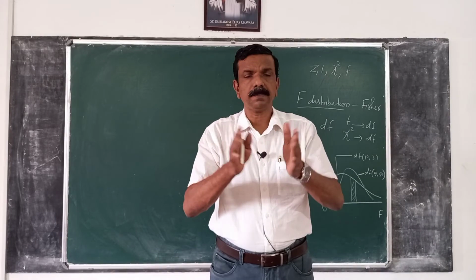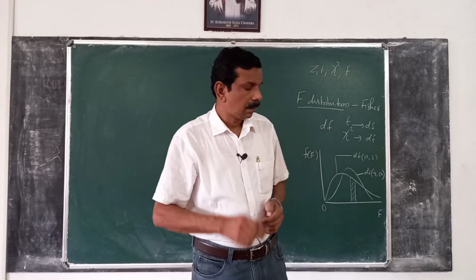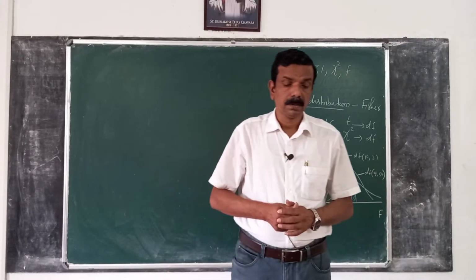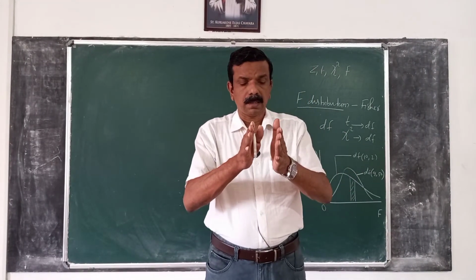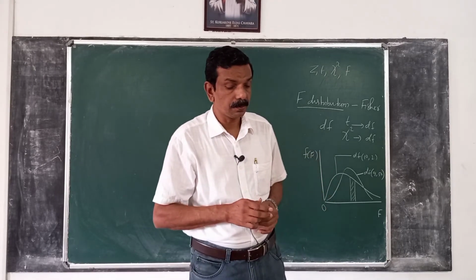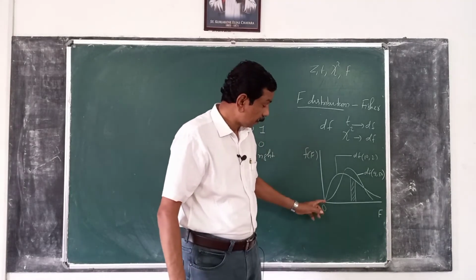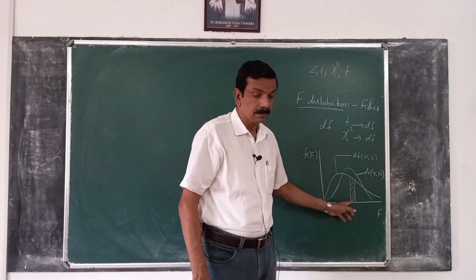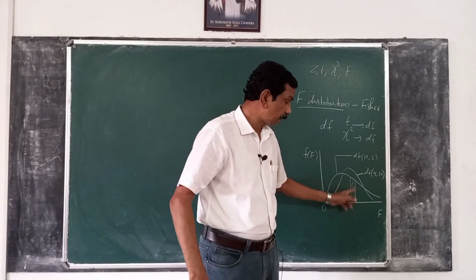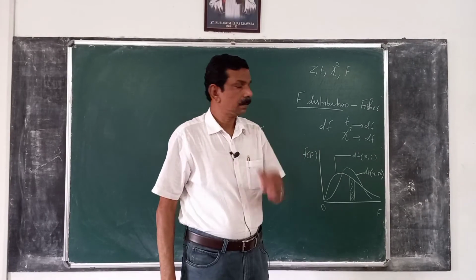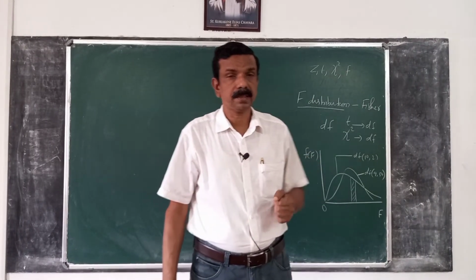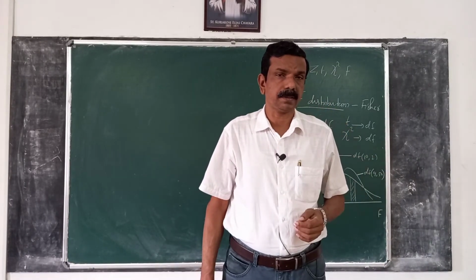Now, to perform a hypothesis test and also to construct confidence intervals for comparing two population standard deviations, we need to know how to find the F value that corresponds to a specific area under the F curve. Remember this, F distribution is used for comparing two variances or two standard deviations.